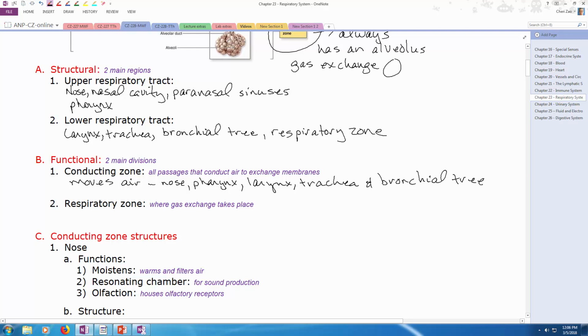The very last structure of the conducting zone is called a terminal bronchiole. A terminal bronchiole is the smallest bronchiole that's conducting, where no gas exchange occurs, and then gives rise to a respiratory bronchiole.